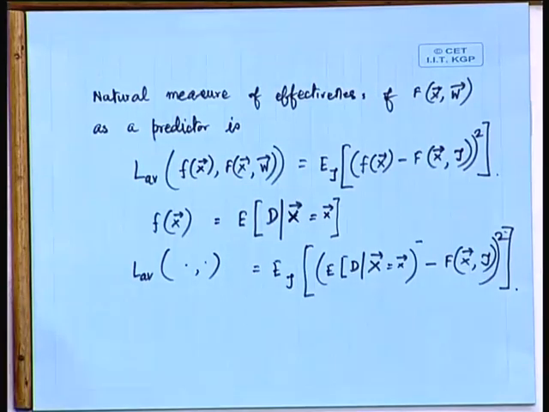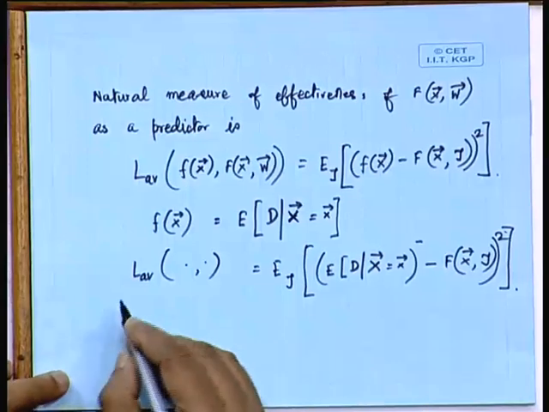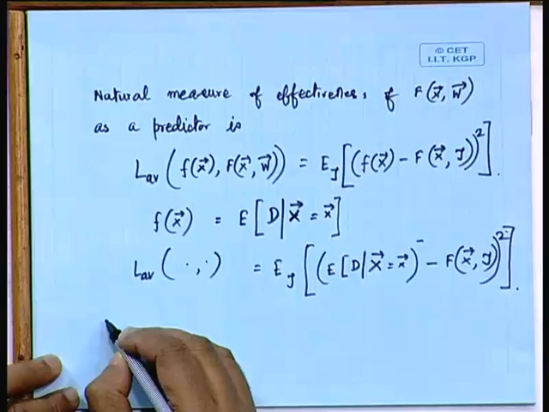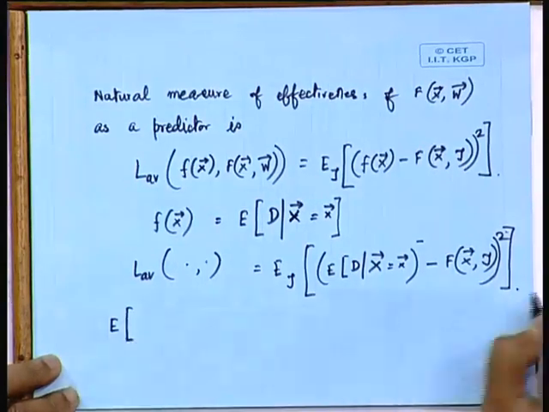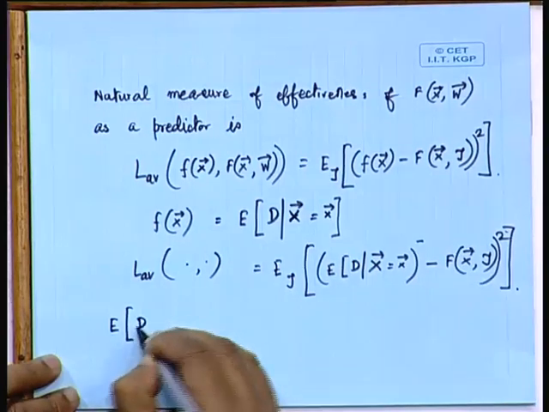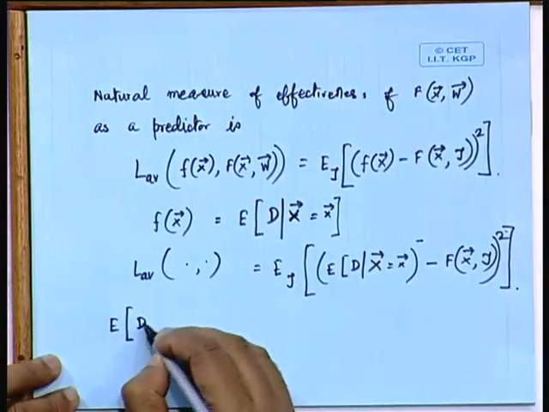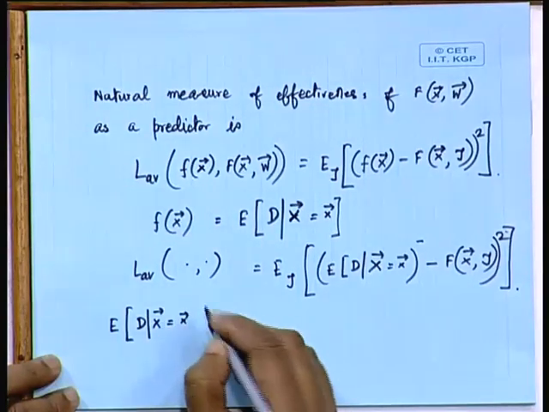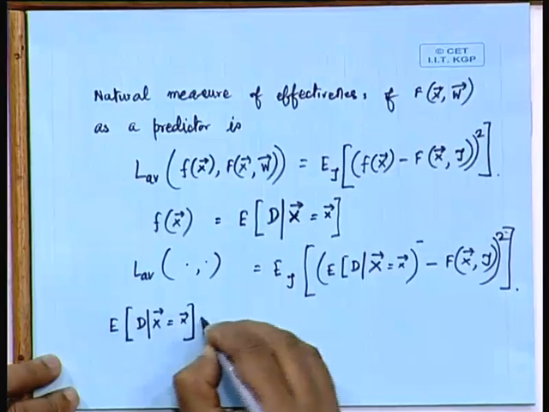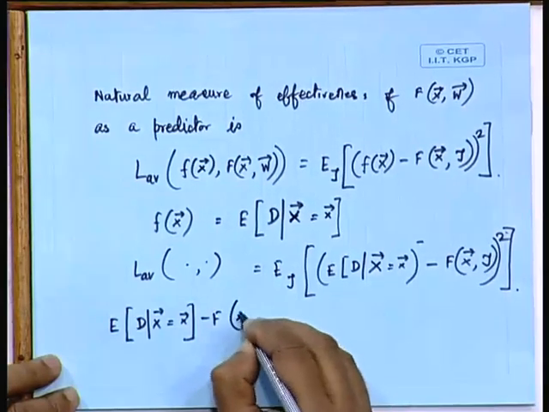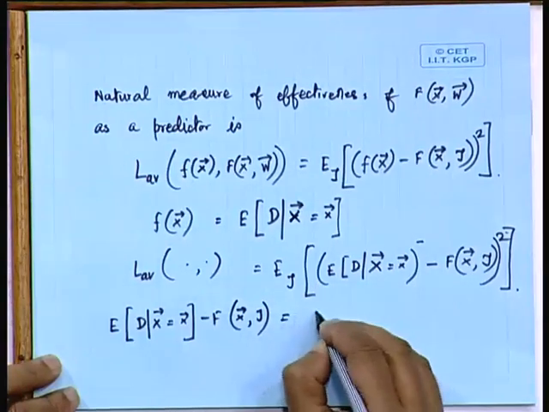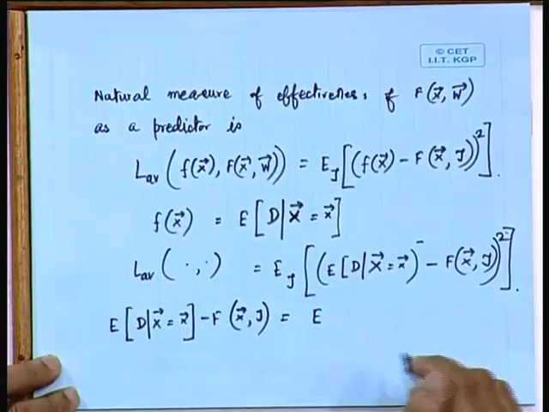All right. Now, this term we can rewrite in a more convenient form. This E of d, that is a term which is there within this E_T expression, E of d given capital X vector is equal to small x vector, minus f of x vector comma T, that can be written again as a summation of two quantities.